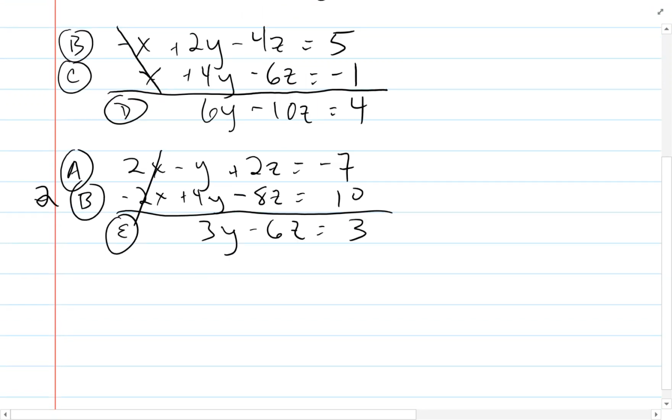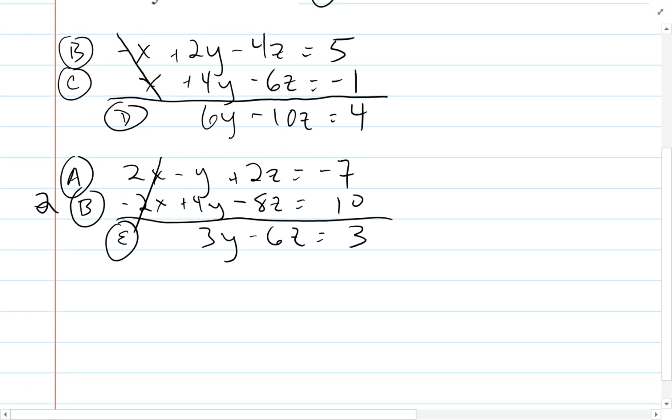Alright, so now if I look at D and E, I've got to say, what could I eliminate from those two equations?